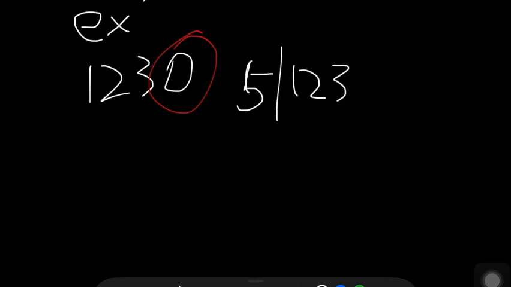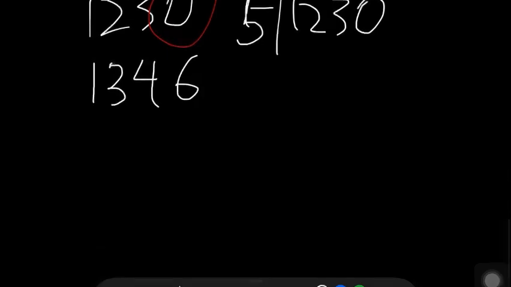So let's have an example again. Let's say 1230. The ones digit, which is the last digit, is 0. So 1230 is divisible by 5, which is pretty simple. Now, what about if we want to know the remainder of a number divided by 5, which is also pretty easy.